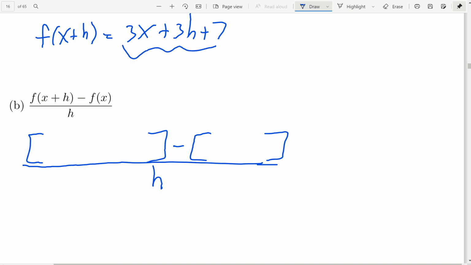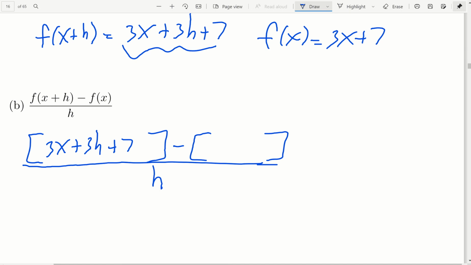That's the answer to the last part we just did. We know that f of x plus h is 3x plus 3h plus 7. And now the thing we have to subtract from it is f of x. That's the original expression of the function. If you go back, the function was 3x plus 7, and so that's what's going to go here.